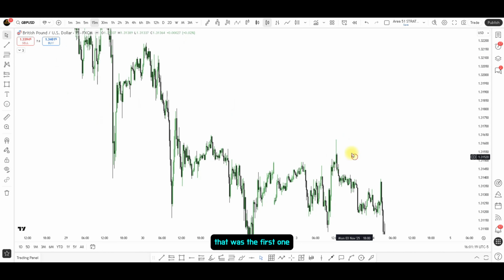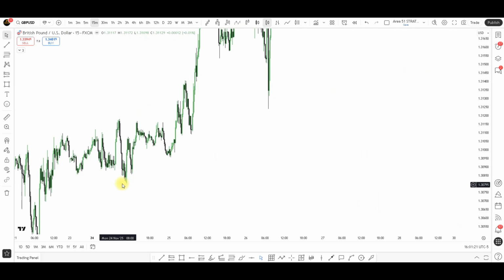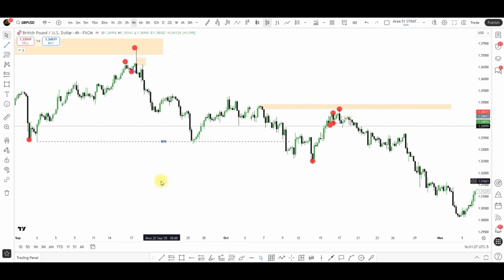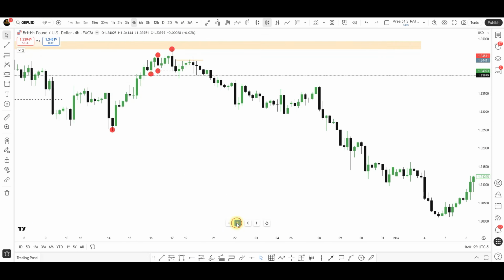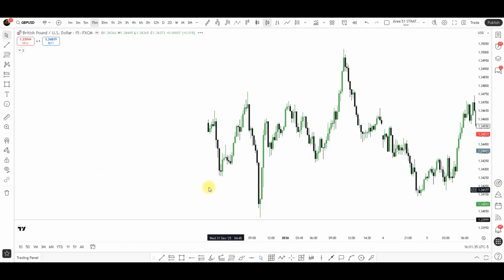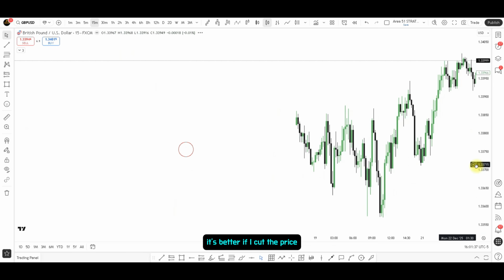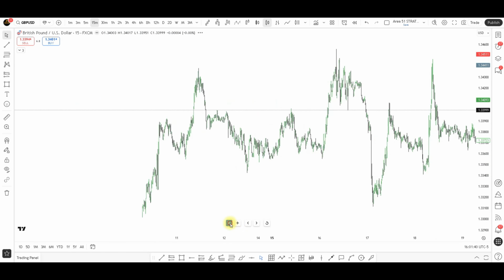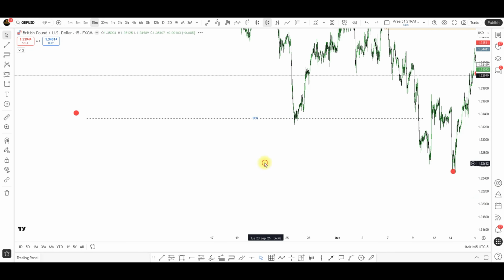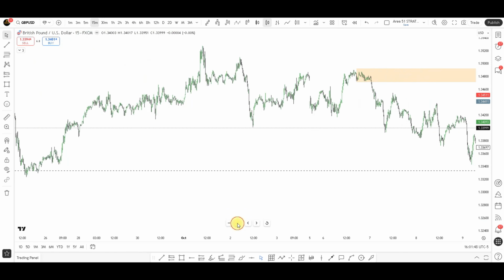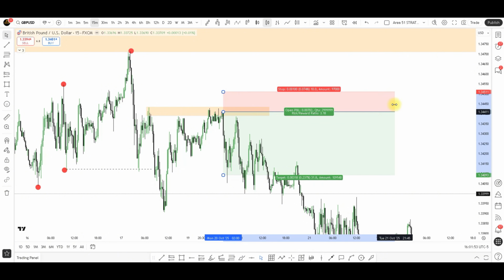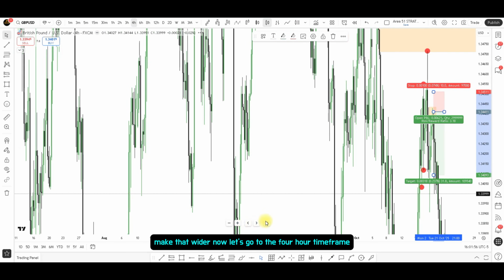That was the first one. It's better if I cut the price, but I don't want to do that. Okay, let's find this. Beautiful. Make it wider. Make that wider. Now let's go to the 4-hour time frame.